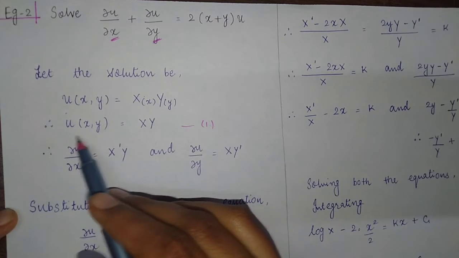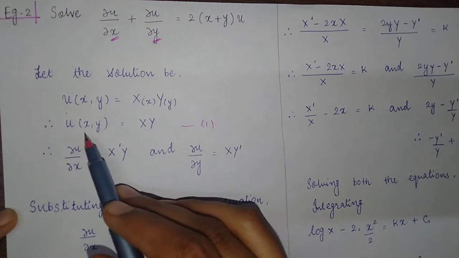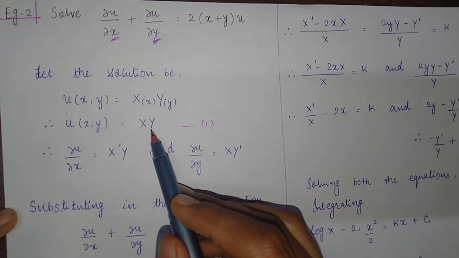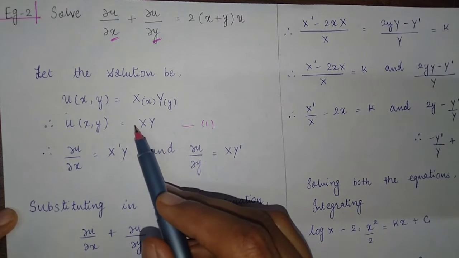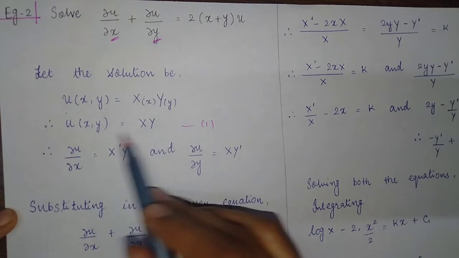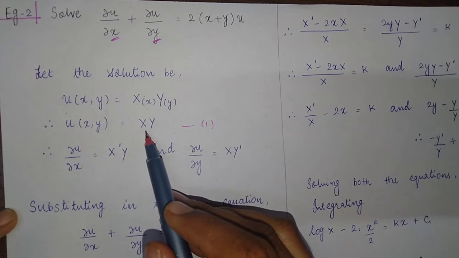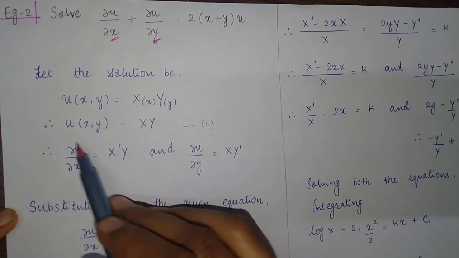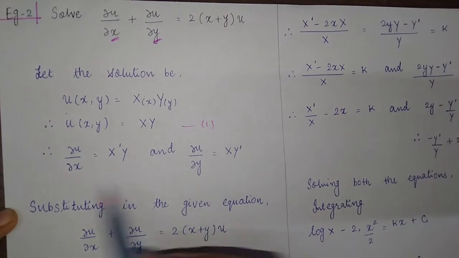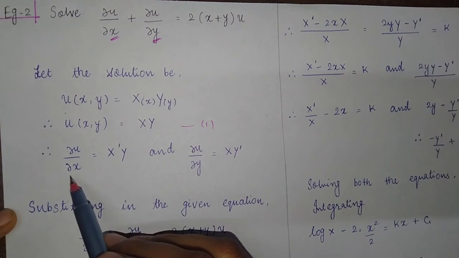So again we got this equation 1, that is u of x comma y is equal to capital X and capital Y. Again we will find the value of capital X and capital Y and substitute here. So finally we will get the answer. Okay. So first of all we will carry out partial differentiation with respect to x and then with respect to y. So del u by del x શું થશે?